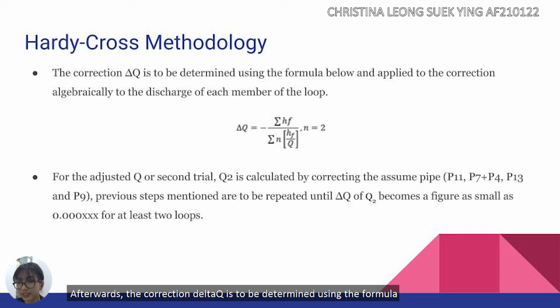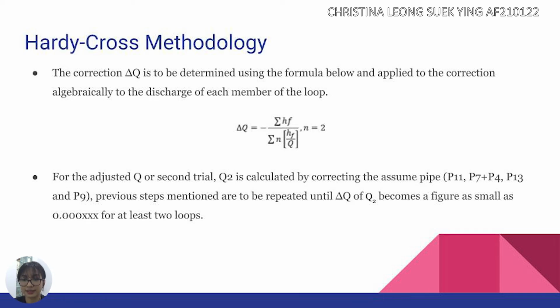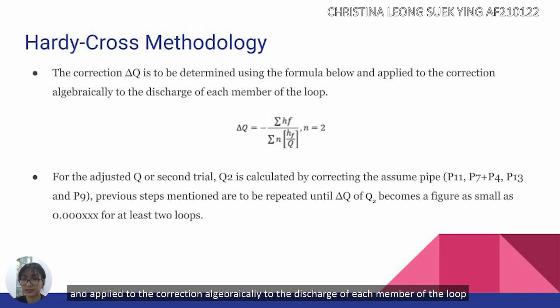Afterwards, the correction delta Q is to be determined using the formula delta Q = negative total hf divided by total n times hf/Q, with n equals 2. And apply the correction algebraically to the discharge of each member of the loop.